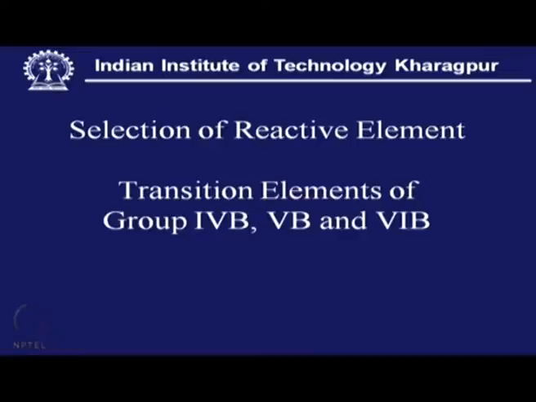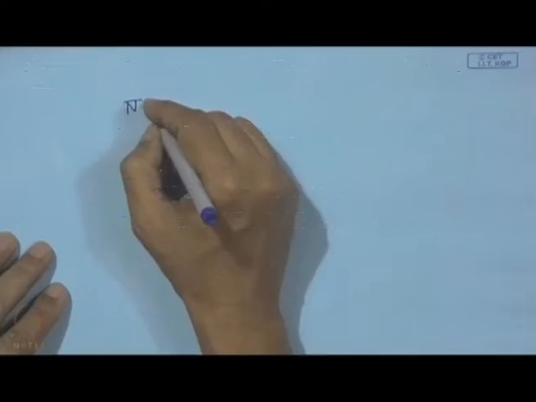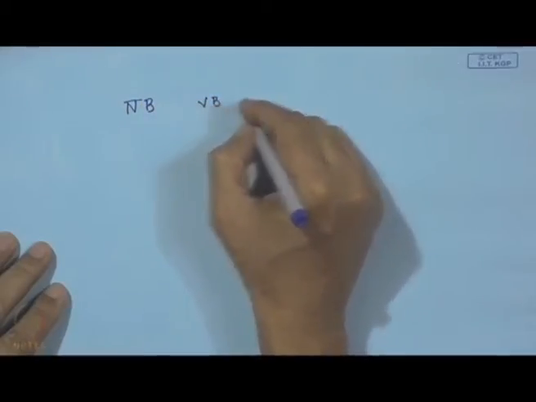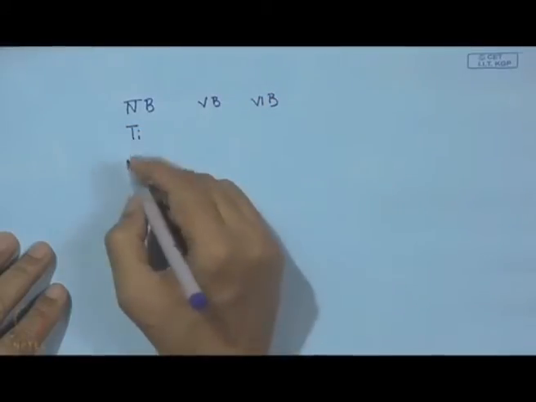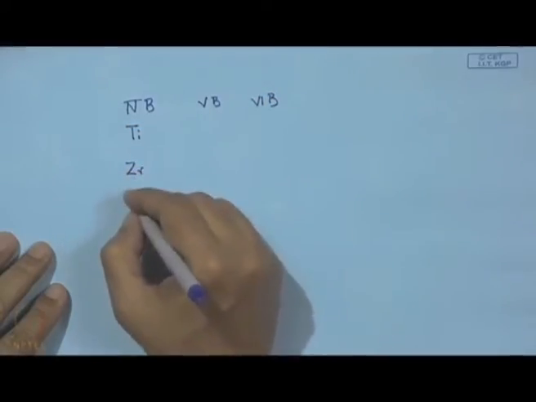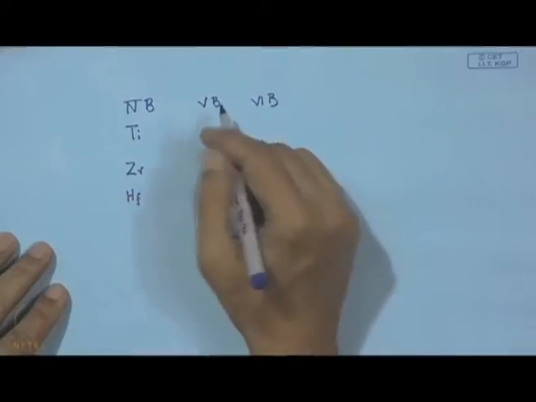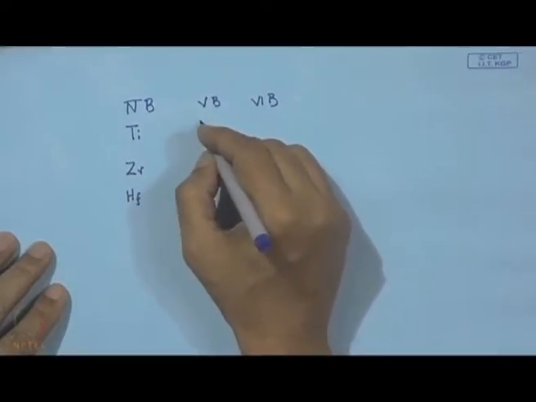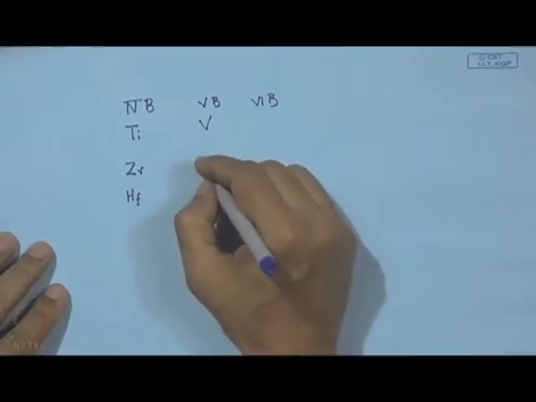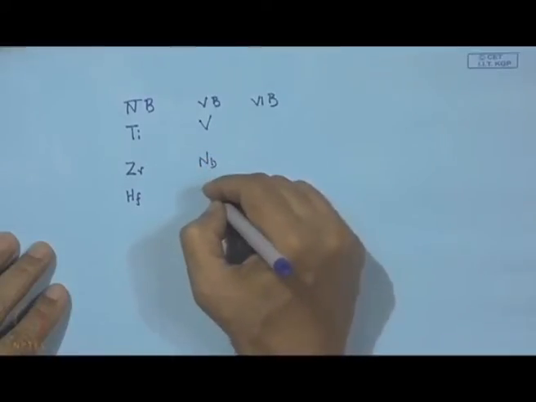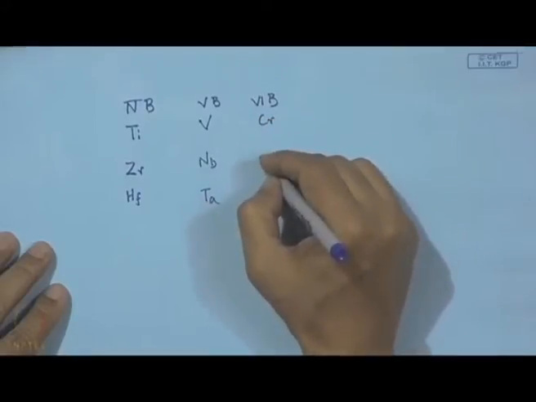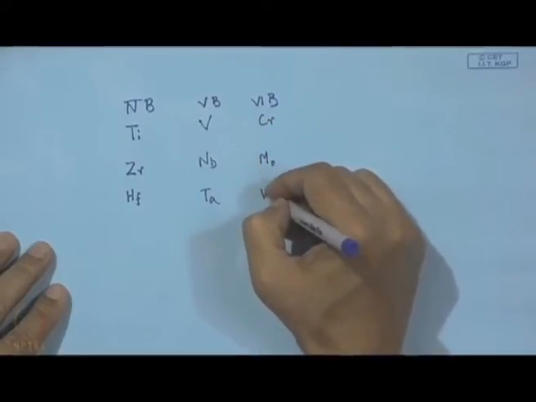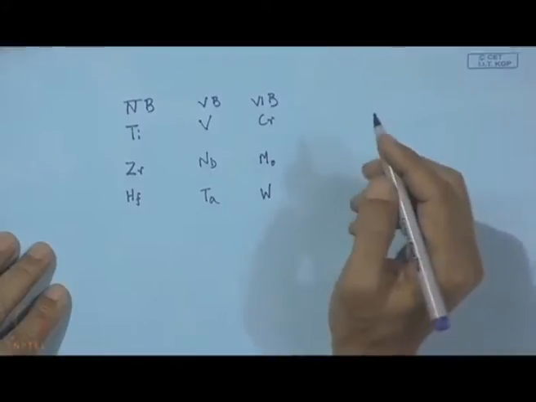If we look at group 4b, 5b and 6b, we have titanium, zirconium, hafnium; vanadium, niobium, tantalum; and in group 6, chromium, molybdenum and tungsten.